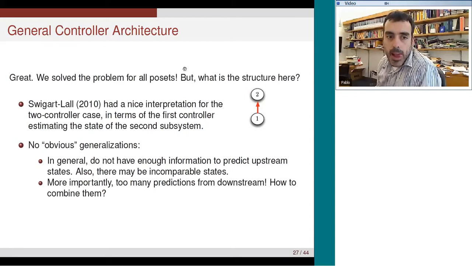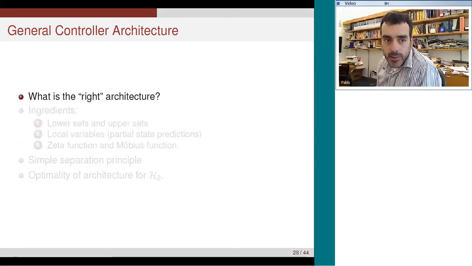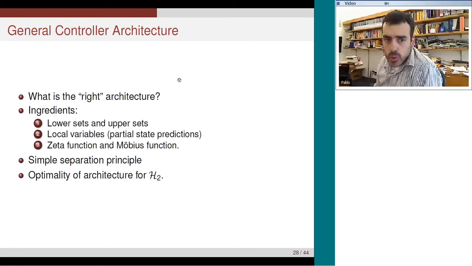So let me tell you what this suggests, or what came out of this, in a sense: a very general architecture for decentralized controllers. And in order to explain this, I need to tell you about a couple of things. Two are fairly easy and fairly natural: the notions of what we call lower and upper sets, and local variables.